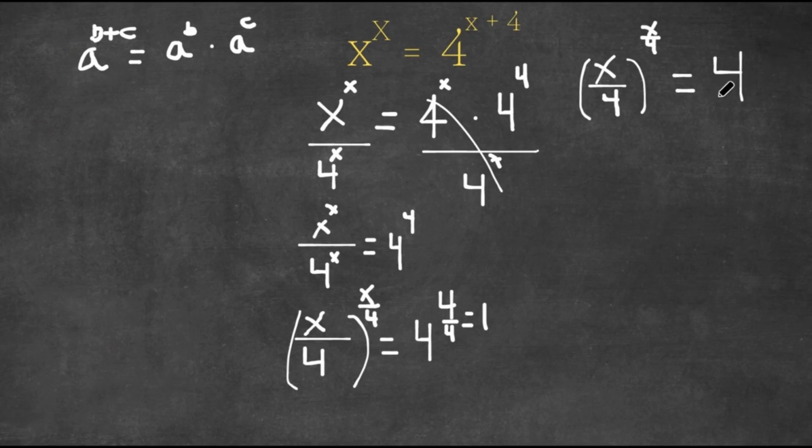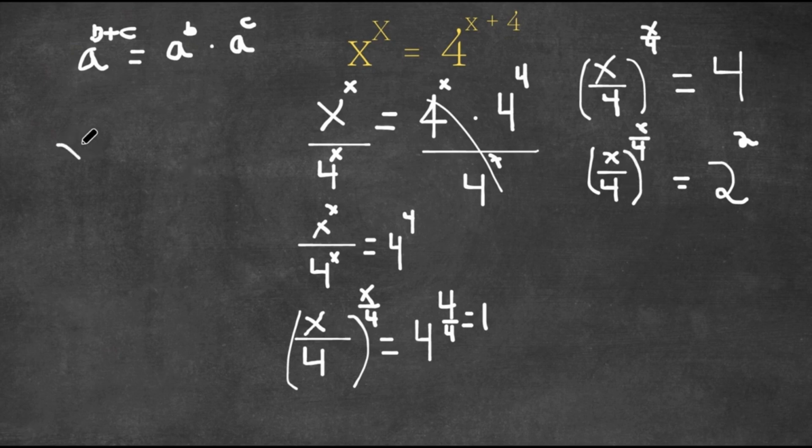Now we're going to change this 4 to 2 to the power of 2. And this is still equal to x over 4 to the power of x over 4. Why don't we say that x over 4 is a? So we're going to set x over 4 equal to the variable a, and we're going to set 2 equal to the variable b.